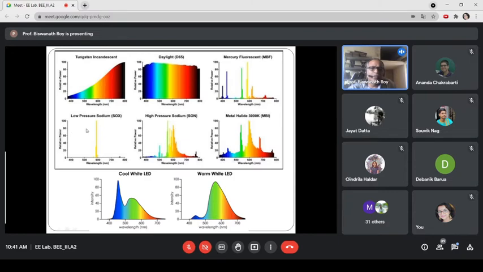This is low pressure sodium vapor lamp. You see the primary emission occurs at a single wavelength, 589.6 nanometer. This is called the sodium D line. You may recall that in the spectrum of some gaseous discharge, some lines are given special names.